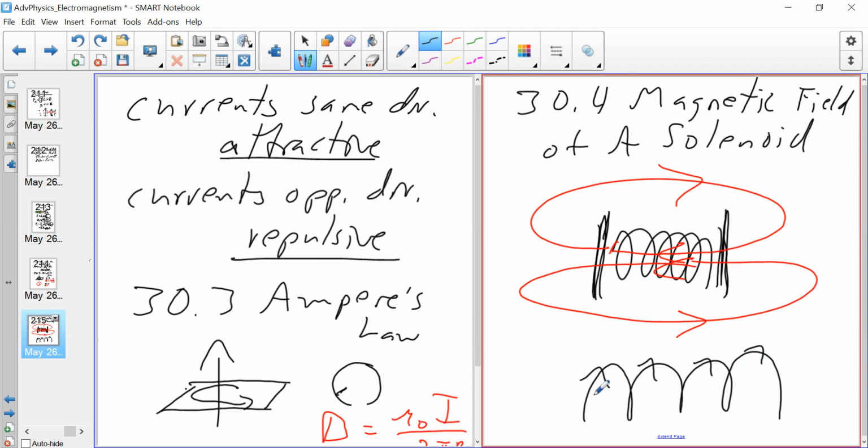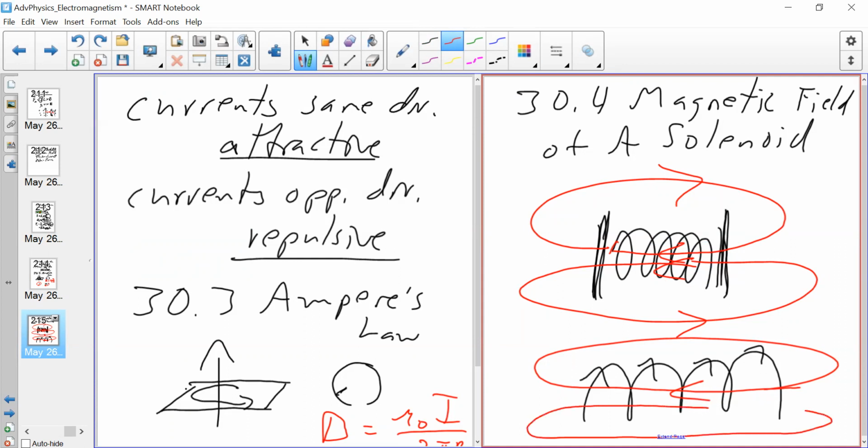Then by right hand rule, my fingers are going to be the current, and my thumb is going to have the magnetic field moving in this direction. My thumb is going to be pointing left, wrapping around. And that's why I get this picture. And then, you know, n number of field lines.